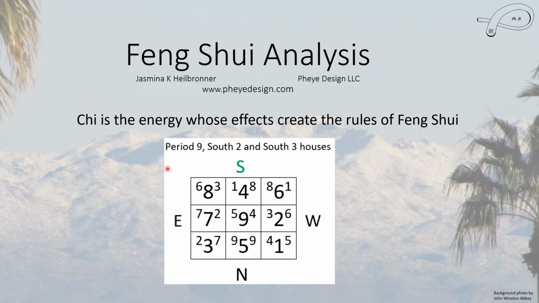What you see here is something called a flying star chart. There are 144 different charts in existence, and what your chart will look like, that is where these numbers will be located, will depend on the period of your house and the direction it faces. Once the appropriate chart is found, this is only an example, but the appropriate chart is placed over your house's floor plan.